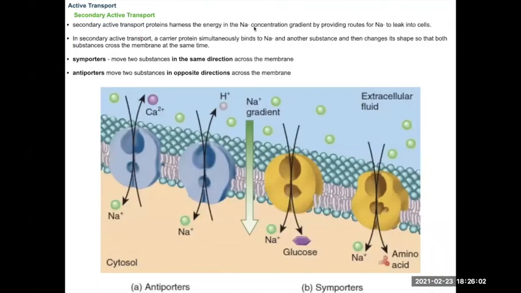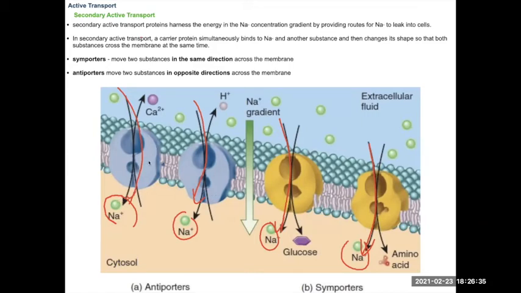For all of these, we're again using the sodium concentration gradient, and you'll see you got sodium, sodium, sodium, sodium, all coming in. Why? Because remember the gradient: high sodium out here, low sodium in here, right? So if you open up these channels, sodium is going to flow in.